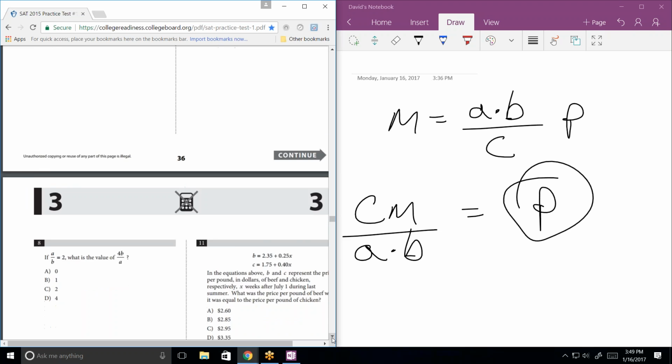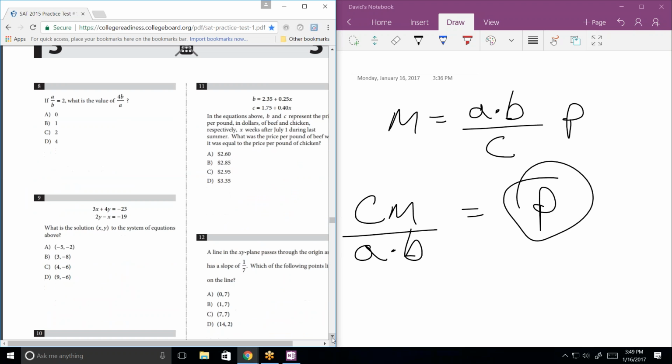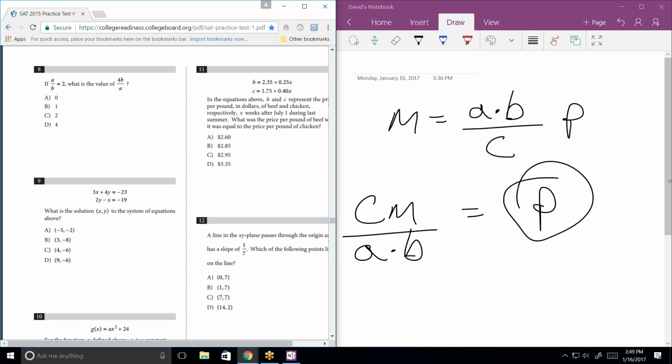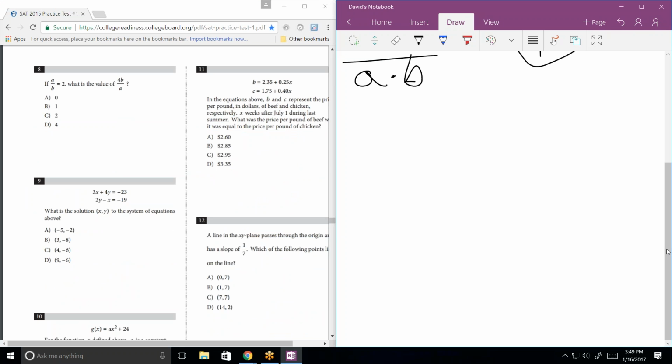Number 8. If A over B is 2, what's B over A? 4.